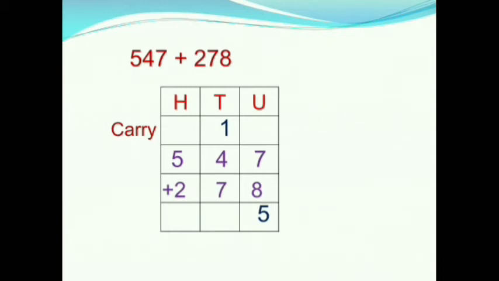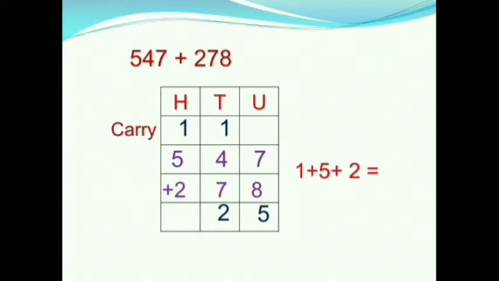Next we should add digits in the tens place. Which digits are there in the tens place? The digits in the tens place are 1, 4 and 7. 1 plus 4 plus 7 is equal to 12. Write 2 in tens place and carry 1 to the hundreds place. Next we should add digits in the hundreds place.